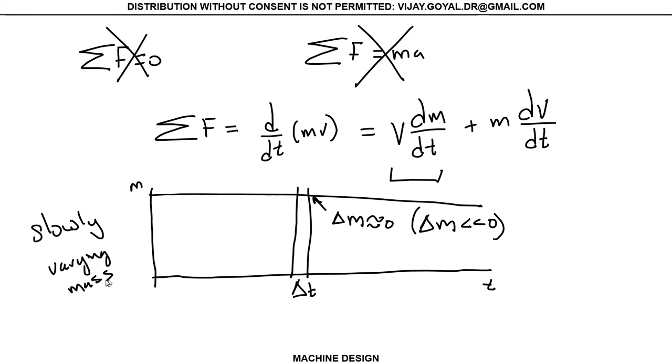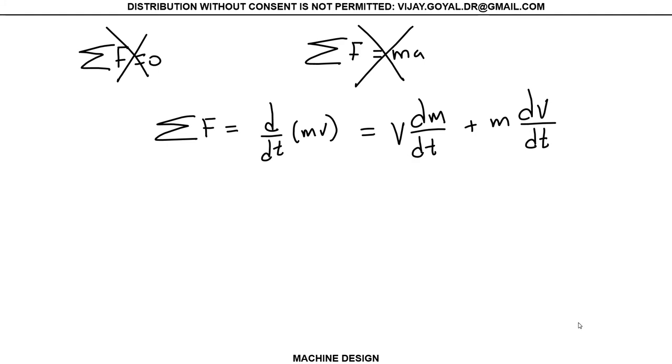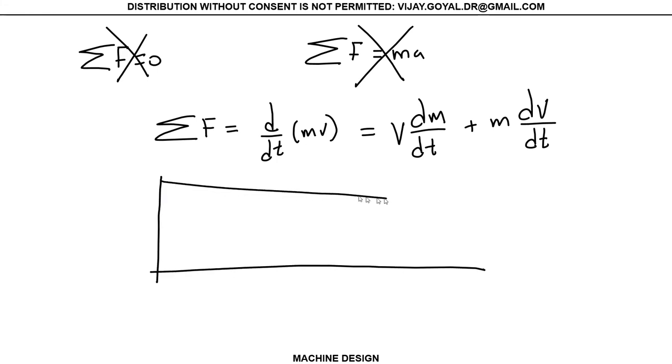Okay, and this is also true if I did the same thing for my velocity. If your speed is a slowly varying speed with time, I'm not saying it doesn't vary.